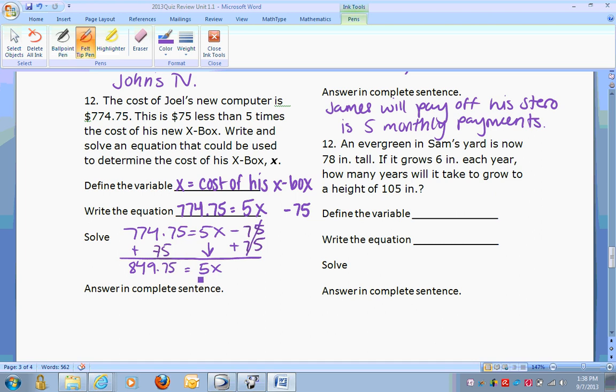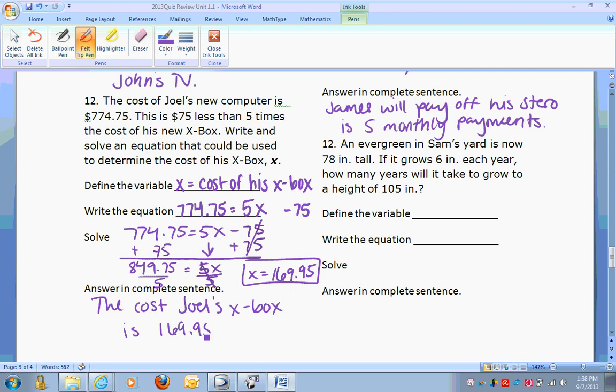And then I'm going to divide both sides by 5. And X ends up equaling $169.95. So this tells me that the cost of Joel's Xbox is $169.95.